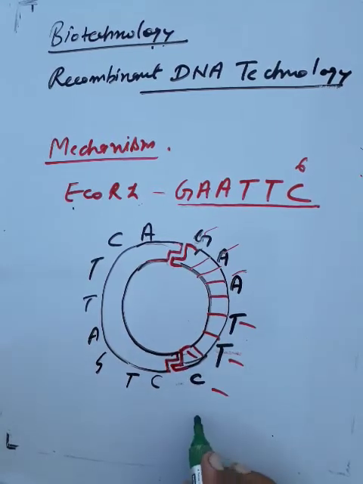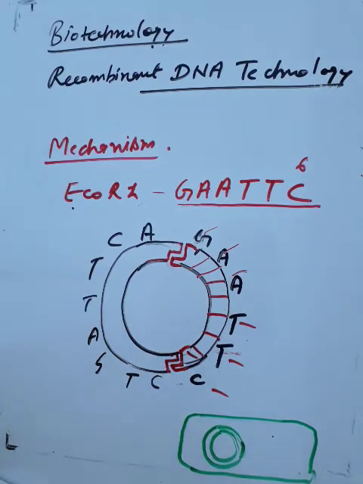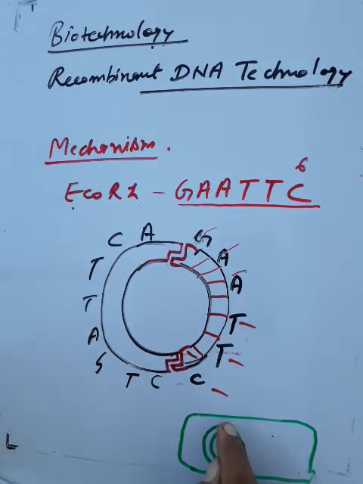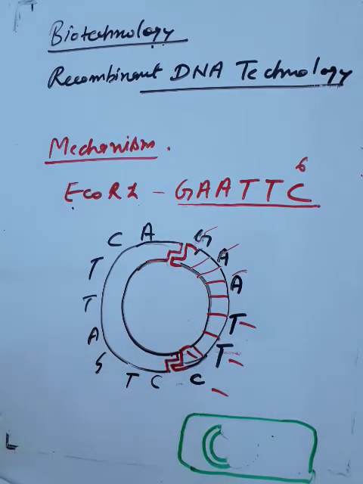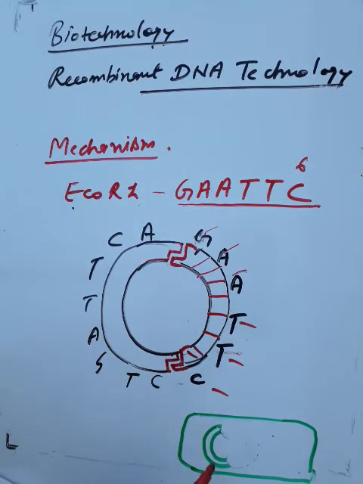After that, for example, there is a vector, any bacterial vector. It also has genetic material, the same type of circular DNA. With the help of restriction endonuclease, we will cut it at the 6 base pair sequence. The same process happens in the vector.